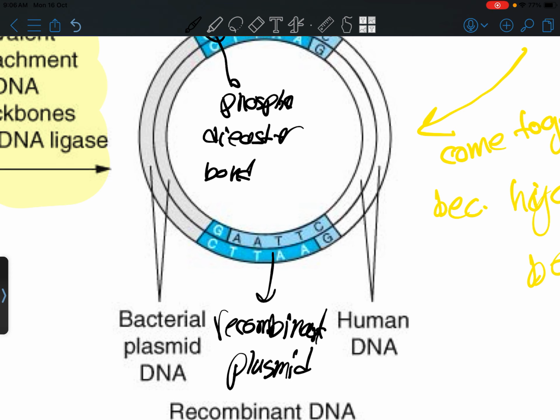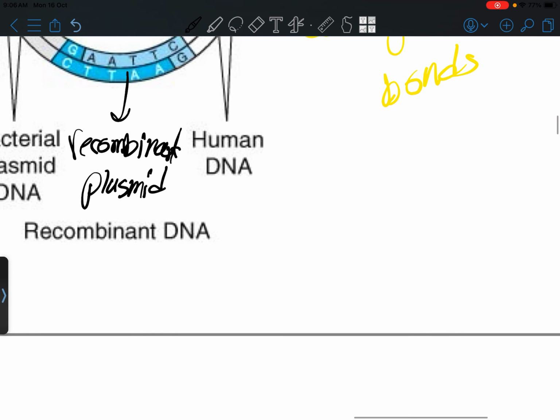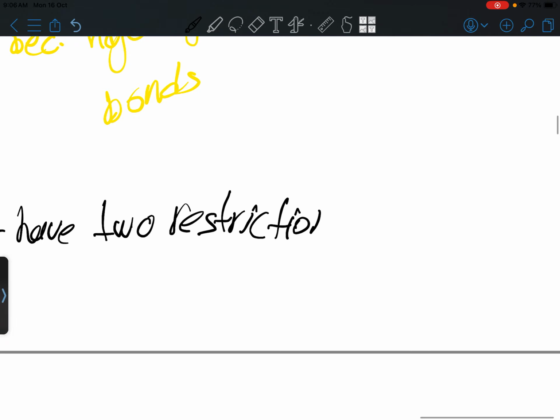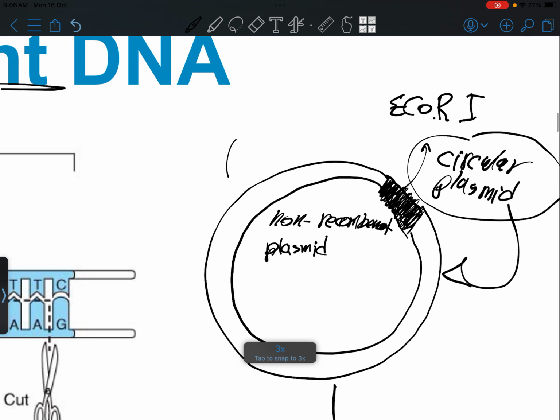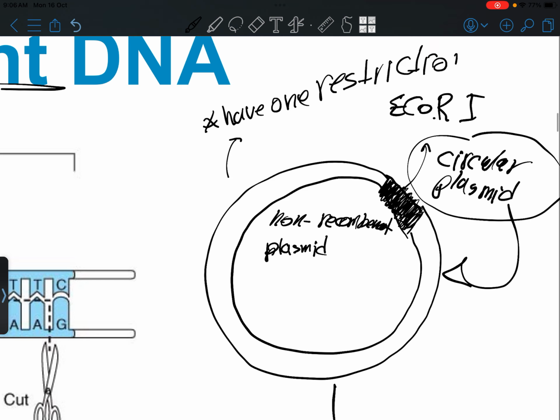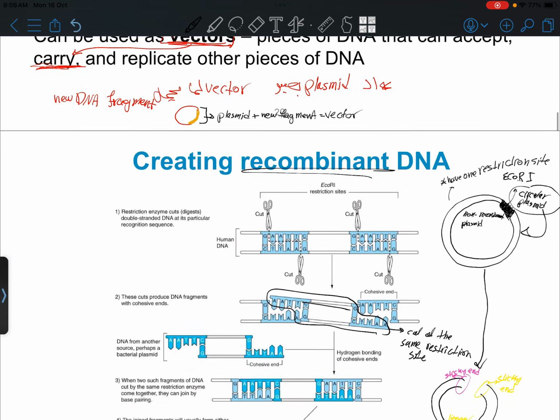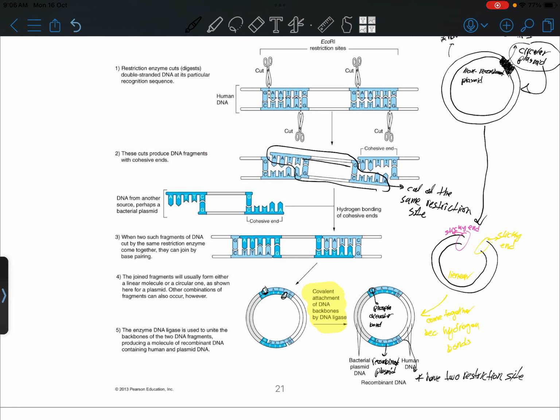Two. Where do these come from? Why do we have two here? The plasmid had only one, and now it has two restriction sites, because we have 1, 2, 3, 4 sticky ends, which come together and generate two restriction sites.